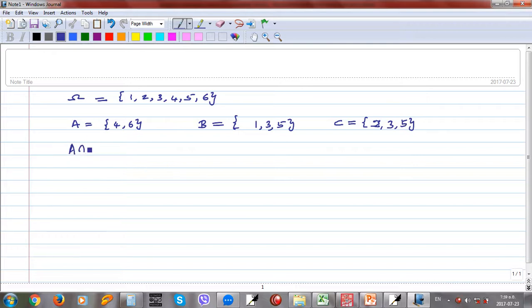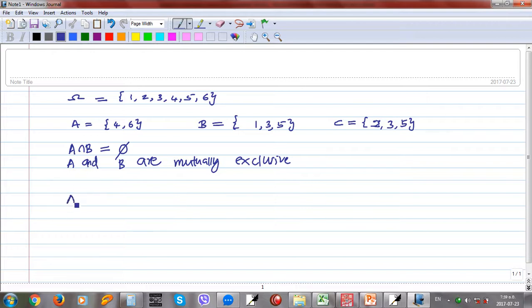If we take A intersection B, are there any common values? No, that is the null set. Therefore, if the intersection is a null set, we can say A and B are mutually exclusive. Mutually exclusive means there is no intersection.